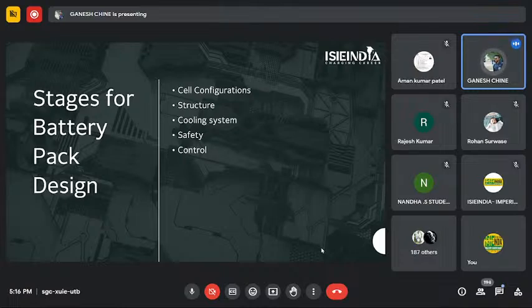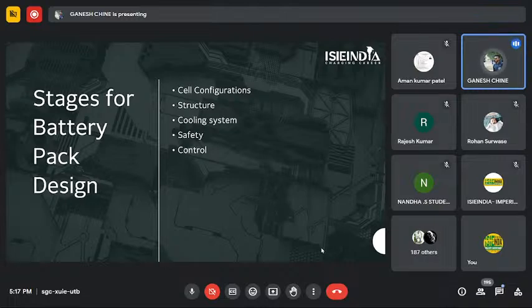Suppose we design the bus bar for a battery pack. In that, we have to check its resistance, its temperature, and the current flowing through the bus bar.